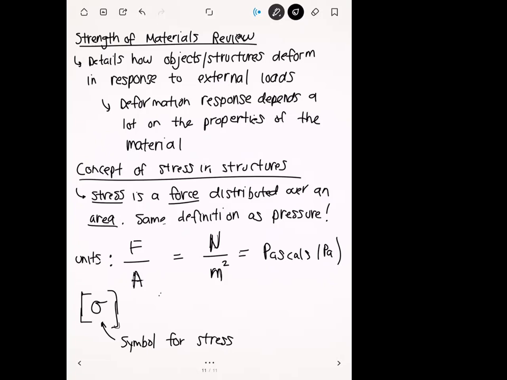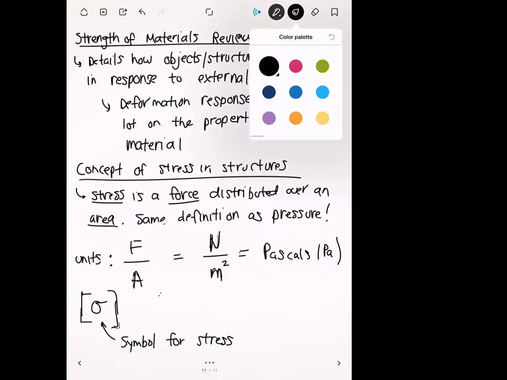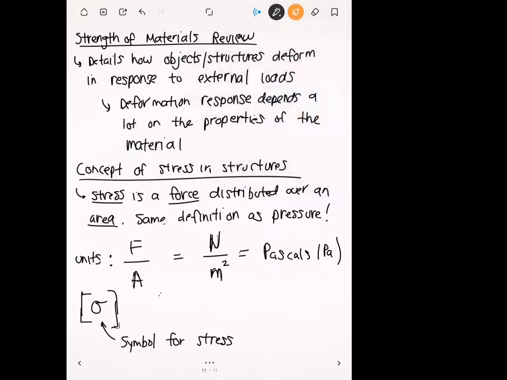The reason we differentiate it from pressure is that the context in which we use stresses is different from the context in which we use pressures. We usually use the term pressure for something that we're actively or externally applying to a surface.